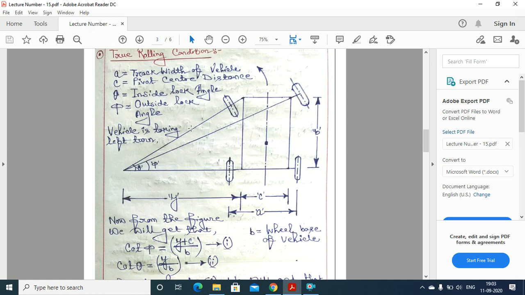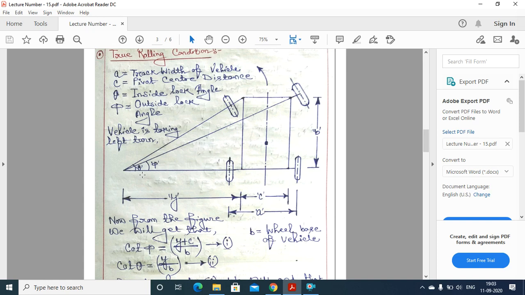And this angle is known as the inside lock angle, because it is made with the front inner wheel of the vehicle. So phi is the outside lock angle and theta is the inside lock angle.